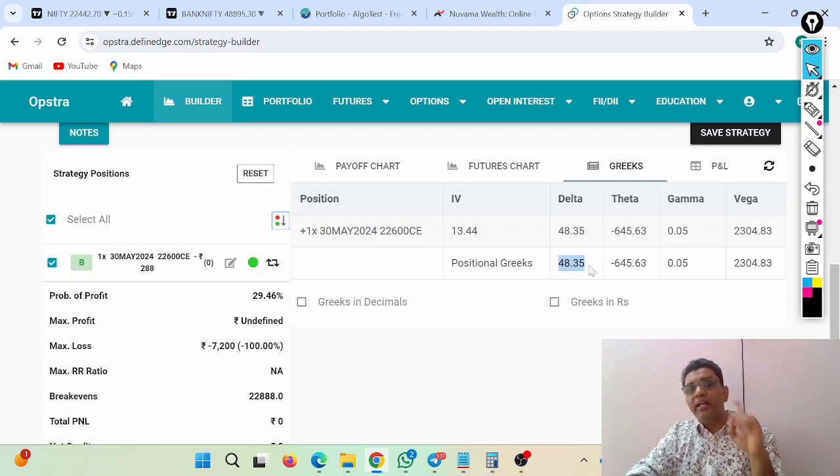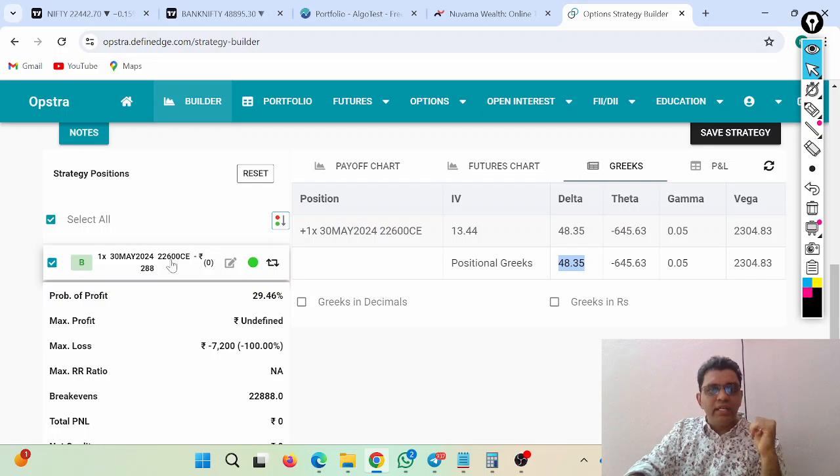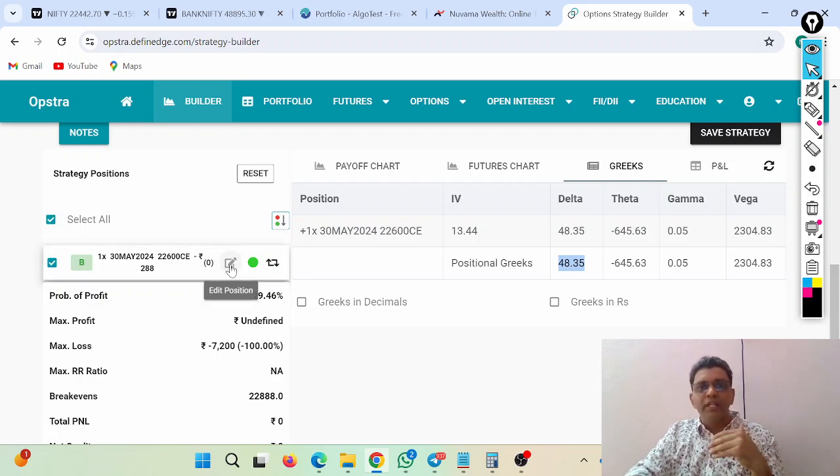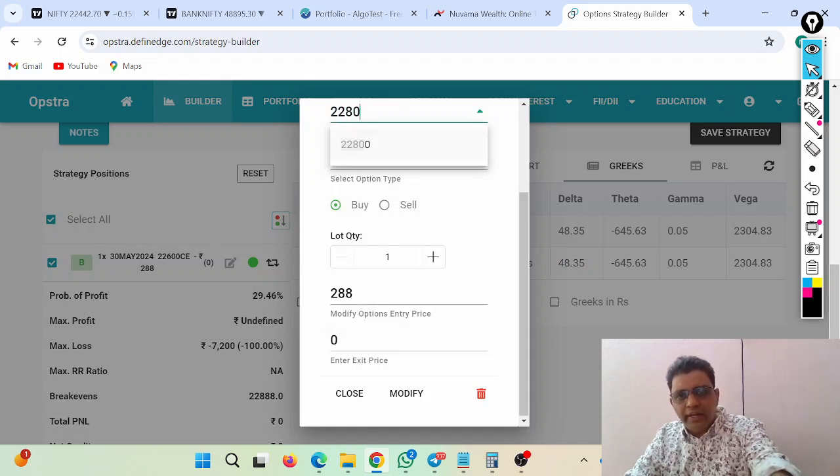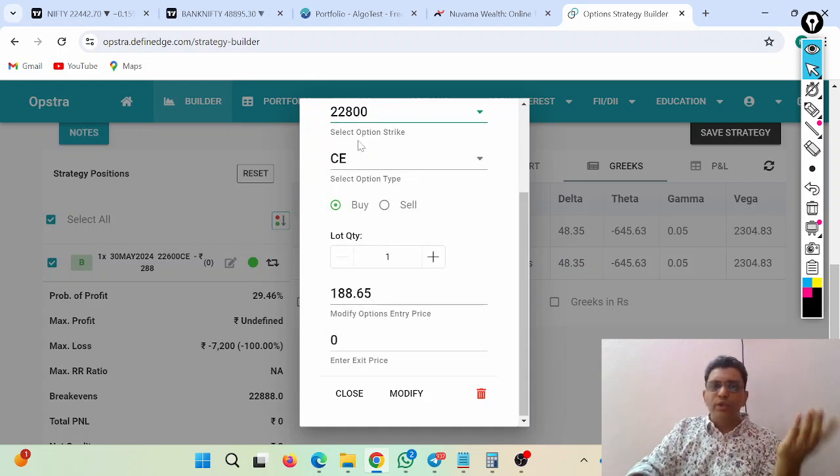That's why here my delta has decreased to 48. So it is saying that if Nifty goes up by 100 points, this 22,600 call will go up by only 48 points, or my probability of winning is 48%. What will happen if I go still further out of the money? If I go to 22,800, it's a logical thing.